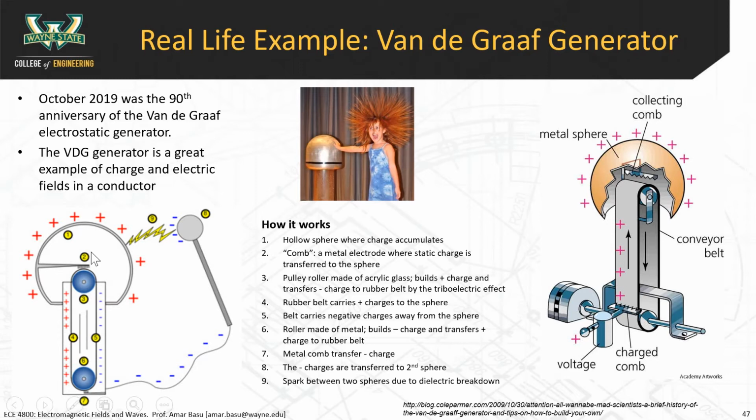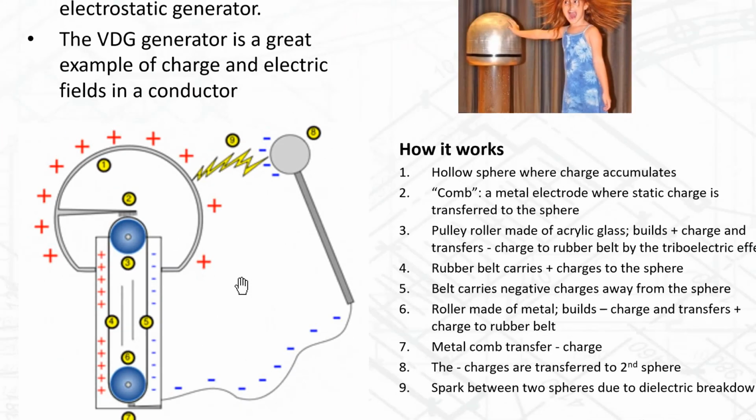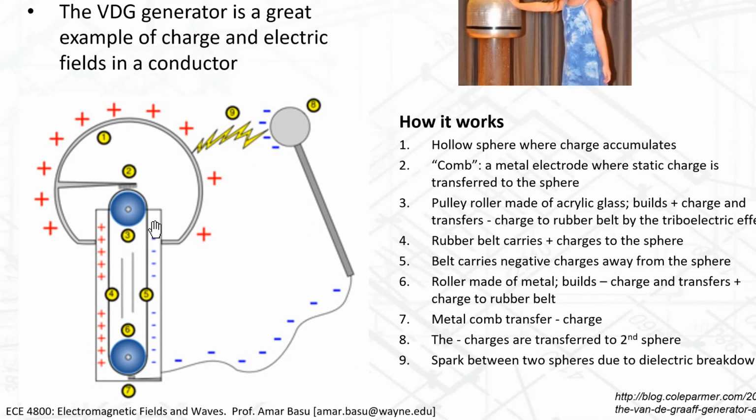What I would like you to know is a little bit about how the Van de Graaff generator works, because it works on this principle of charge transfer and charge accumulation. It's a really neat little device. So let me zoom in here and see how this thing works. A Van de Graaff generator consists of a hollow metal sphere on the top here, and that metal sphere has a comb, which is a metal electrode, where there's a step which transfers the positive charges to the surface like this.